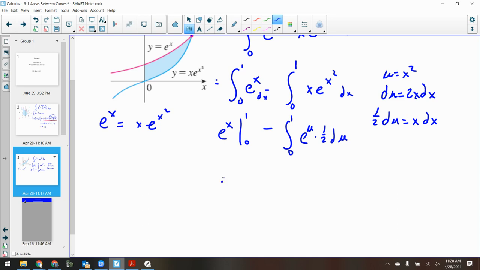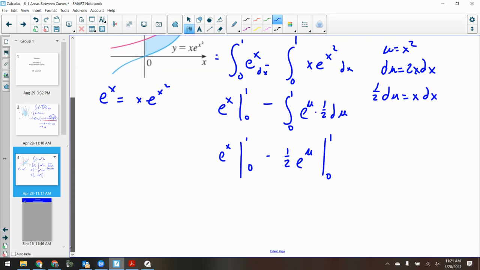And now let's do the integral. So e to the x from 0 to 1, minus, now this is just 1/2, sorry, not 1e, 1/2 e to the u from 0 to 1. So this is e minus, now e to the 0 is 1, minus 1/2 e to the first minus 1/2 e to the 0, just to show you what I'm doing there.